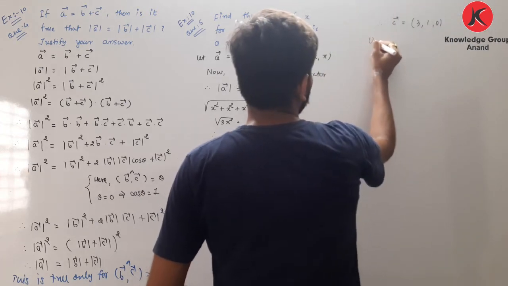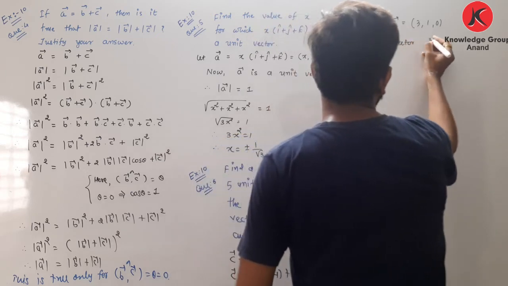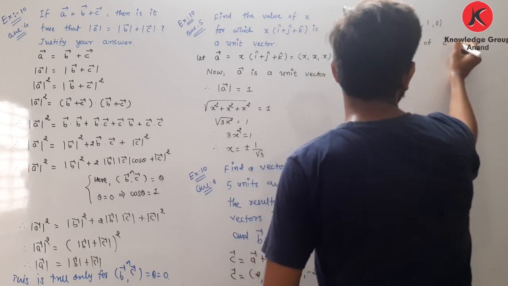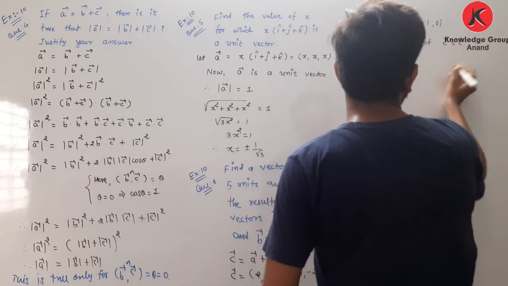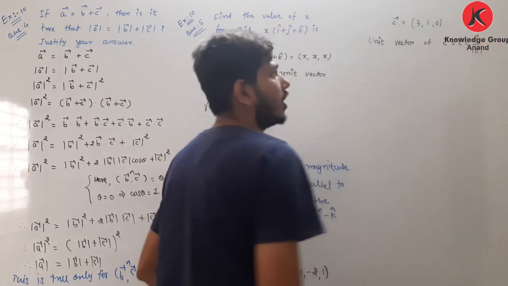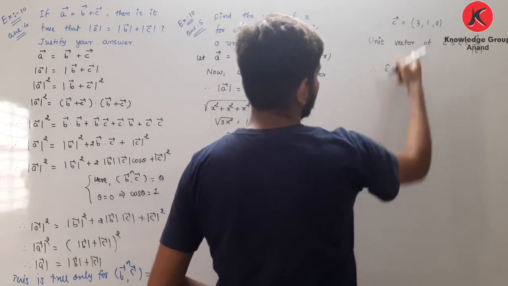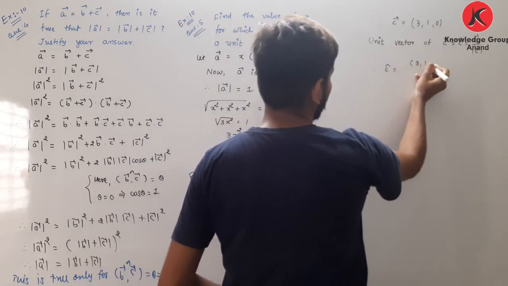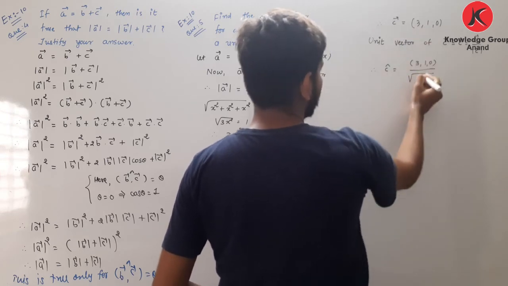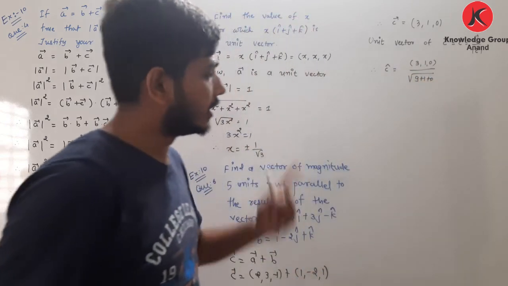So now the unit vector in the direction of vector C, which is given as C cap. C cap is equal to vector C upon magnitude of vector C. Therefore we can calculate C cap is equal to vector (3, 1, 0) divided by magnitude of vector C. That means 9 plus 1 plus 0, 9 plus 1 is 10.